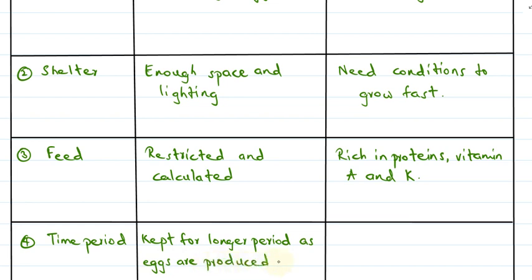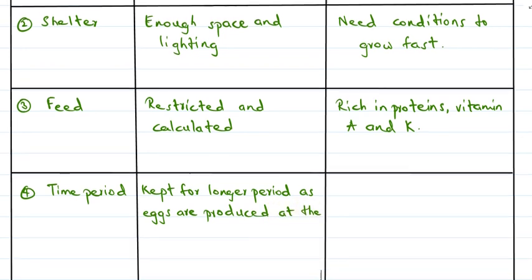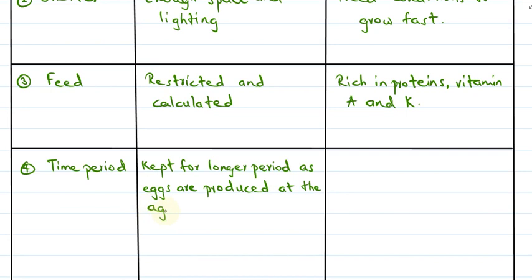When are they produced? They are produced at the age of 20 weeks. Okay.